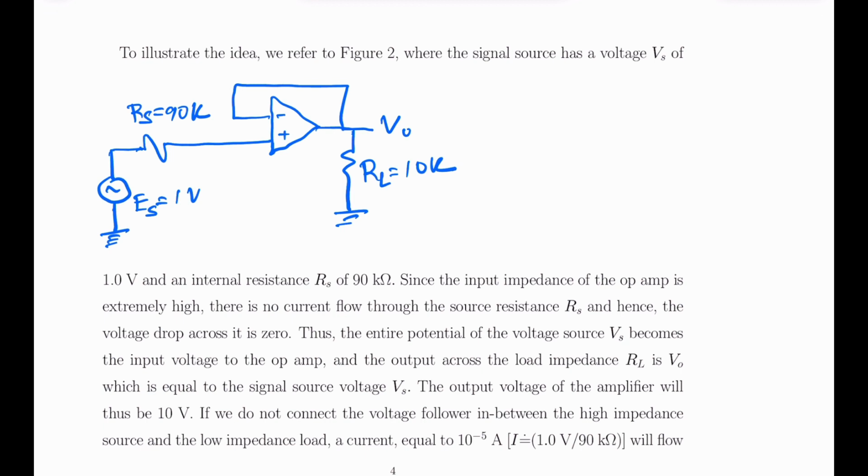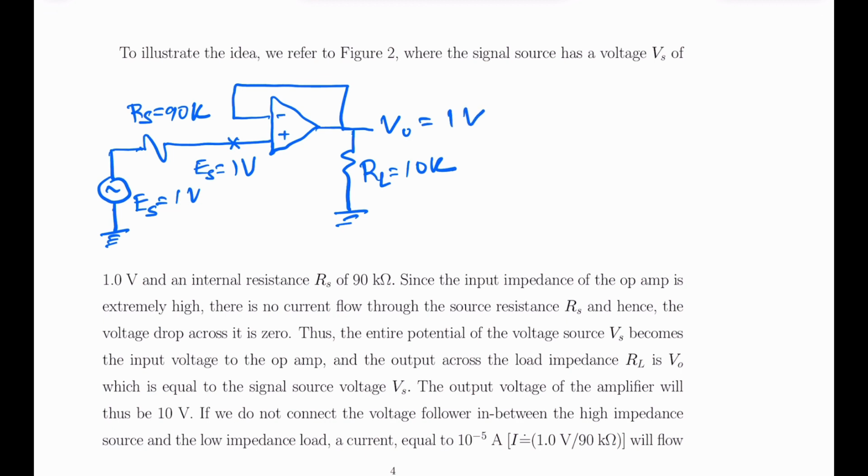So when there is no current flow through the source resistance RS, there is no potential drop across RS, and therefore the total potential available at the non-inverting input is also equal to 1 volt, which is equal to your applied voltage here. And therefore the voltage available at the output V0 is also equal to 1 volt.